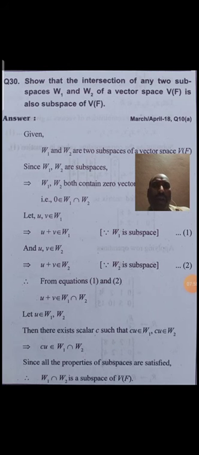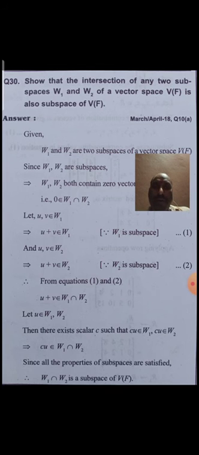Show that the intersection of any two subspaces W1 and W2 of a vector space V of F is also a subspace of V of F. Okay, this theorem is very important. Listen carefully. Proof.